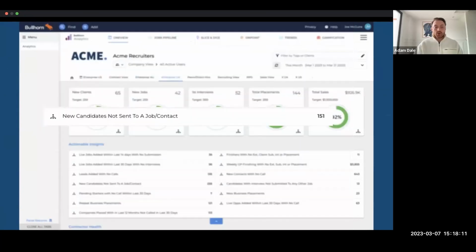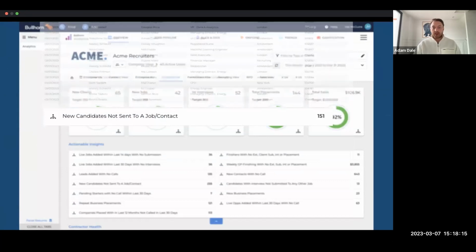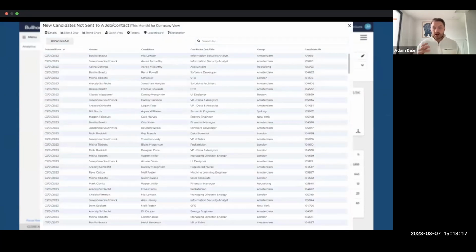Yeah, so in this situation, we've got new candidates not sent to a job or a contact. It's then been able to identify, as Joe said, that list of people. Let's select one here, Sophia Bell as a CTO.